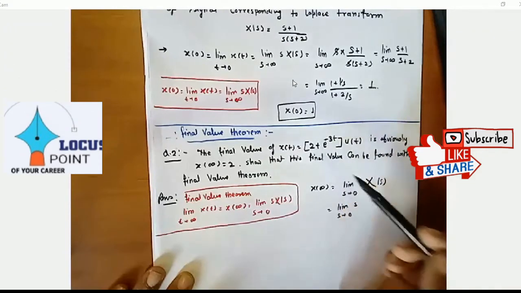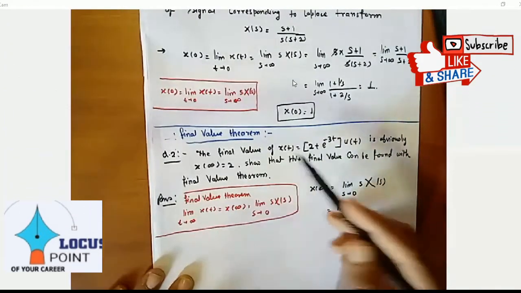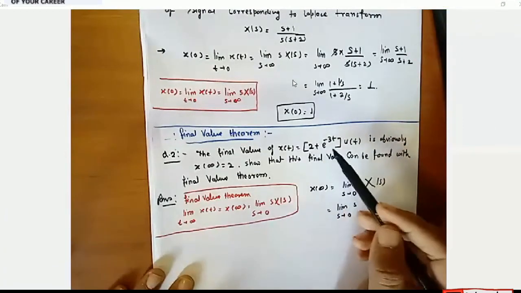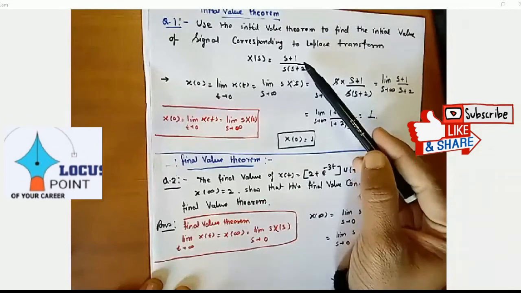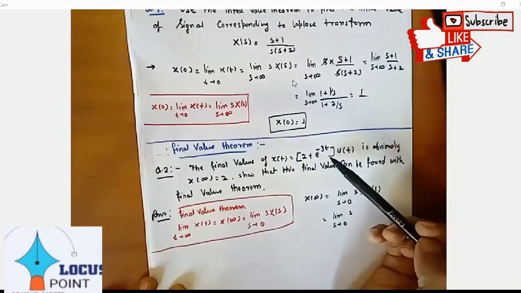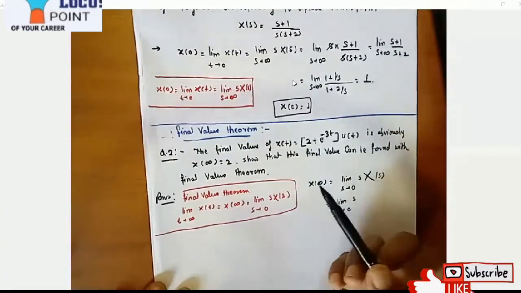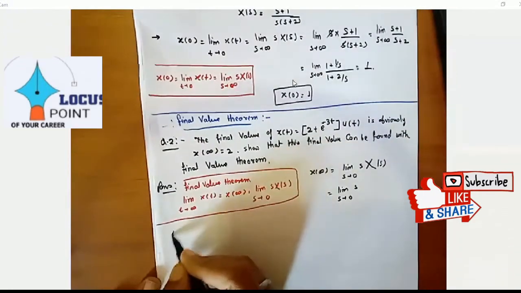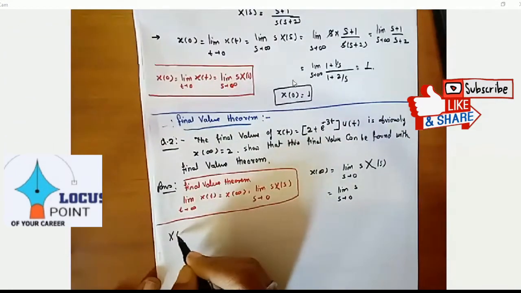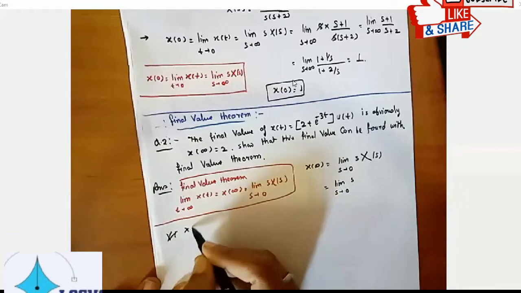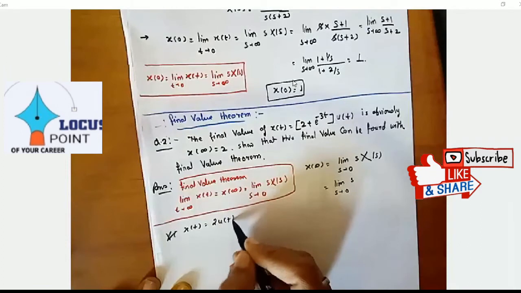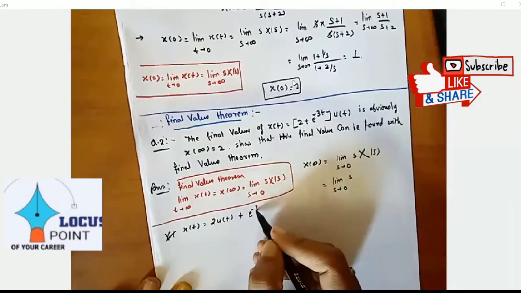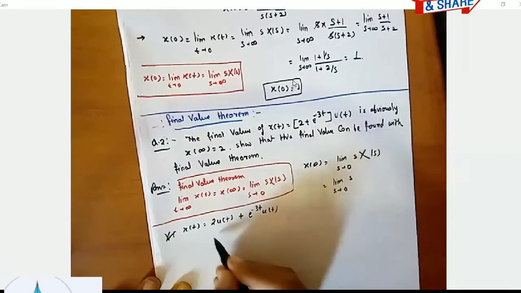So first you have to take a Laplace transform. That's why I have taken this question, because in the earlier one X of s was directly given, but here we do not have X of s. In yesterday's class, I revised your Laplace transform. Here x of t is 2 times u of t plus e to the power minus 3t u of t.